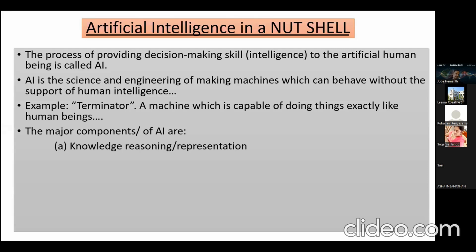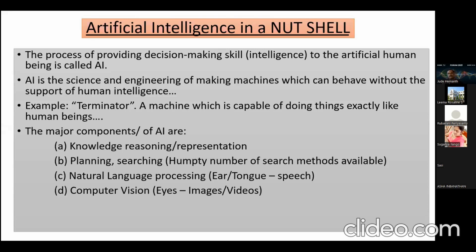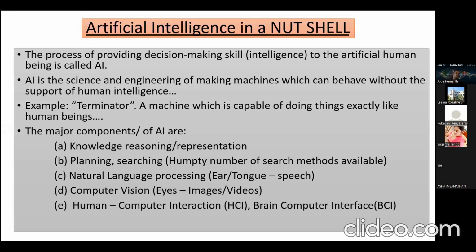So these are the different parts of AI. When I say AI, it is the complete picture of giving intelligence. How can I give intelligence? Maybe via images, maybe via text, maybe via signals. Many groups are available, and based on that, there are different components of artificial intelligence.